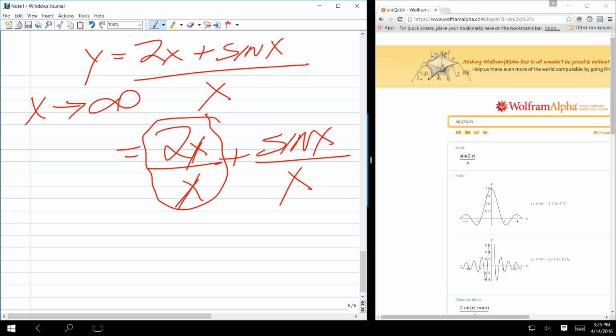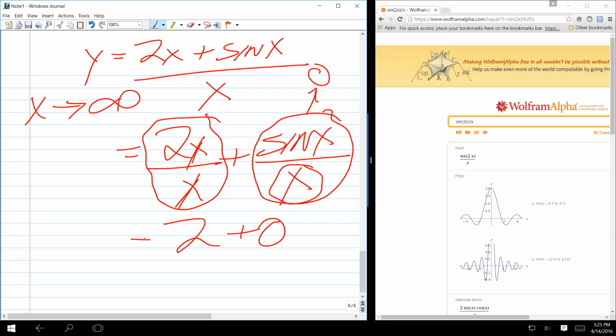And this part, we've already determined, since sine of big numbers just fluctuates back and forth between 1 and -1, and the bottom keeps getting bigger and bigger, this whole thing has got to go to 0. So we have 2 plus 0, which is 2.